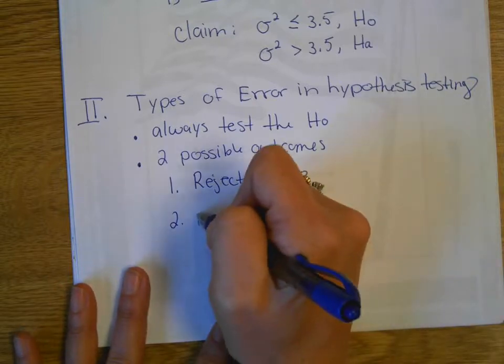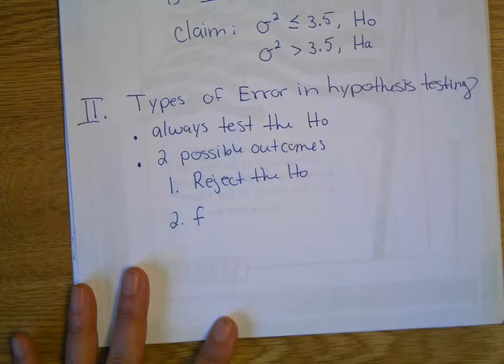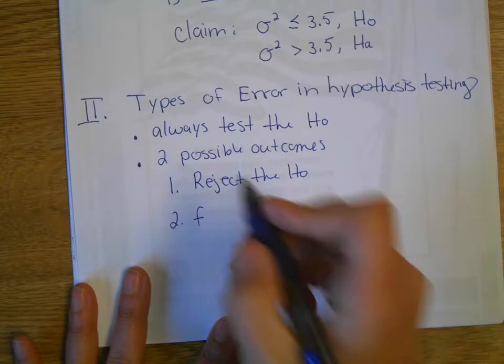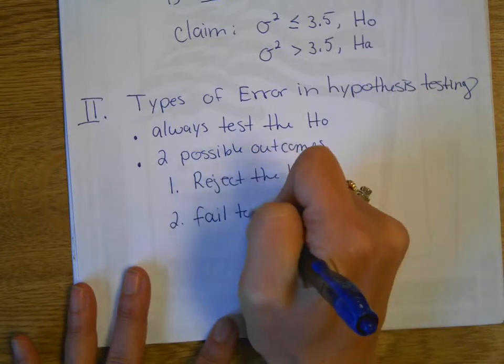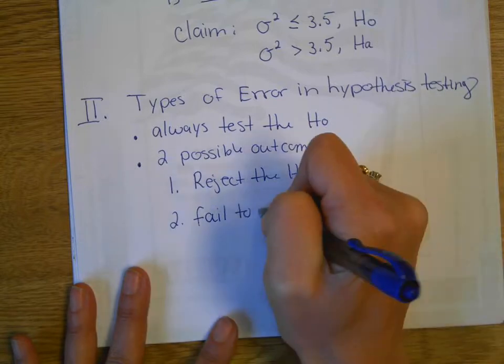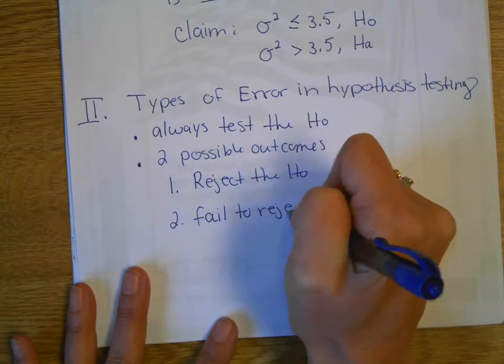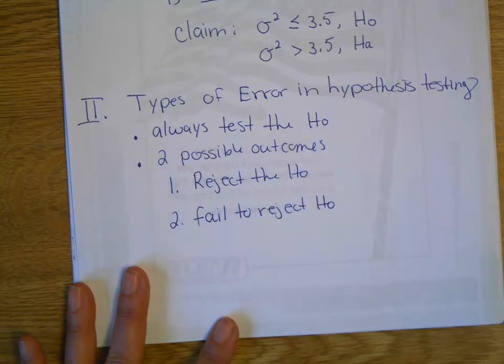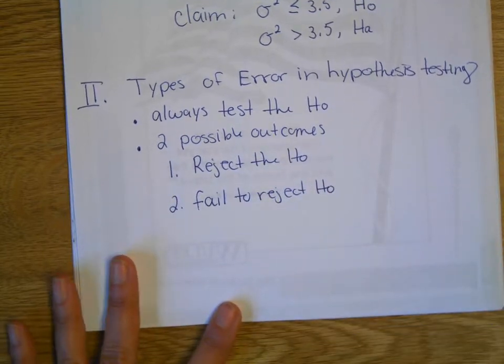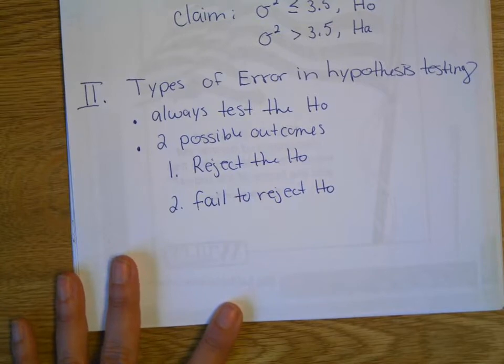Everybody wants to accept because you think, if I don't reject, then I accept. Kind of makes sense, but you fail to reject the null. It is not the same thing. Fail to reject the null does not mean accept the null.